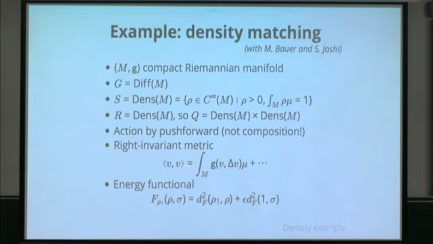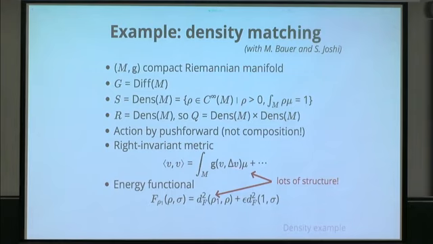You induce a right invariant metric. It turns out that in this case the metric looks a bit like this. This Laplacian here is the de Rham Laplacian. You should think of this as a one form, so then you take the de Rham Laplacian. The reason that this is a good choice is because then you will get this nice connection to Fisher-Rao. So actually, this choice here and the dot dot dot, there are some extra terms you need to add to make this non-degenerate, and those terms depend on your manifold. Essentially it depends on the first cohomology of your manifold, but I don't want to get into details.